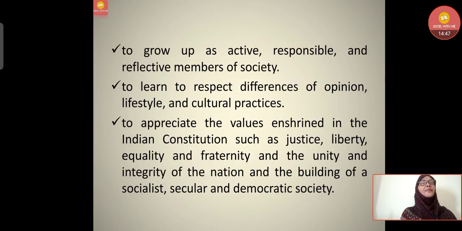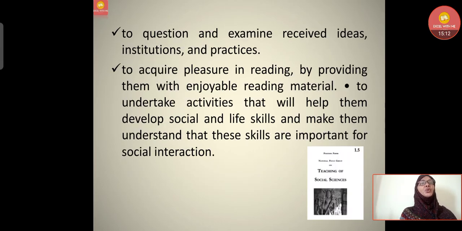Now, to grow up as active, responsible and reflective members of society, to learn to respect differences of opinion, lifestyle and cultural practices, to appreciate the values enshrined in the Indian Constitution such as justice, liberty, equality and fraternity, and the unity and integrity of the nation, and the building of a socialist, secular and democratic society. To question and examine received ideas, institutions and practices.